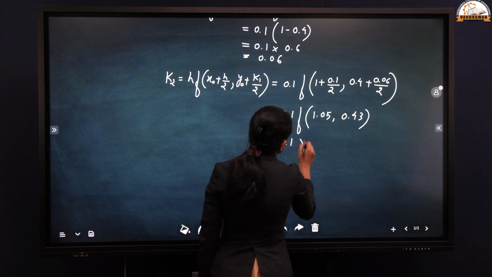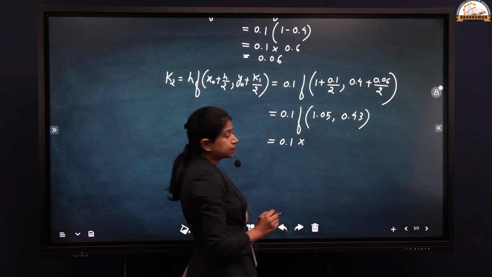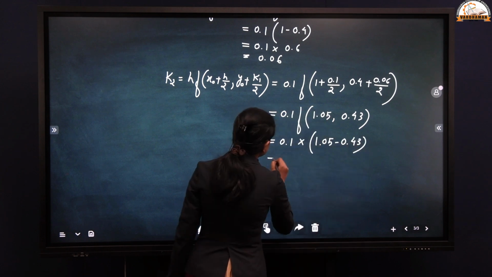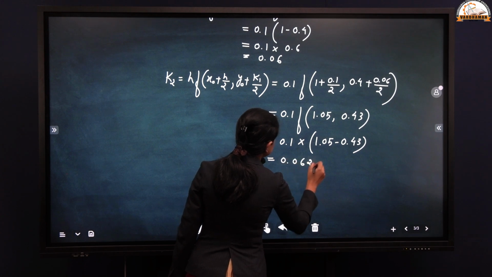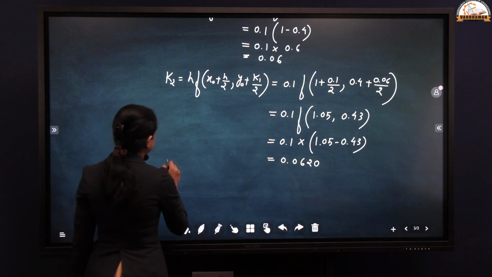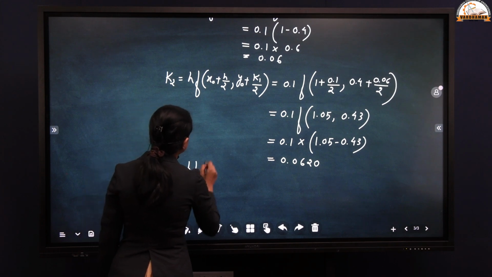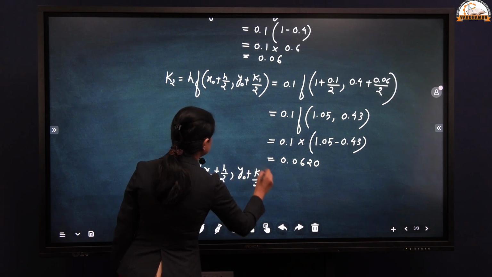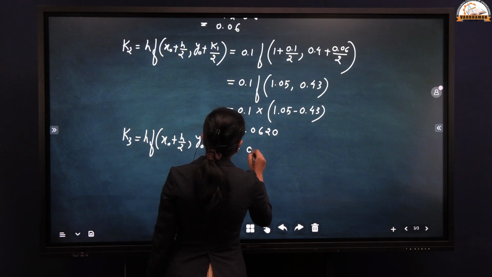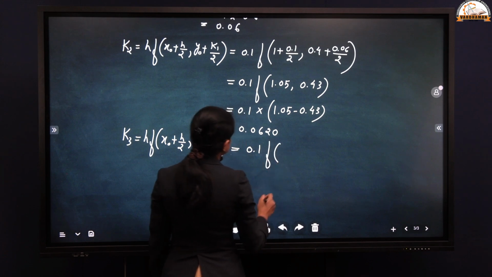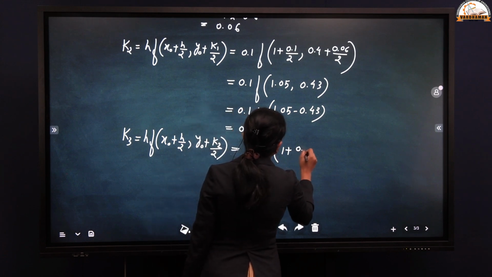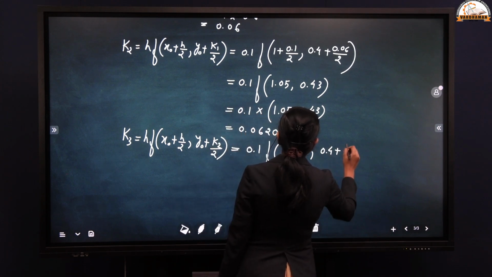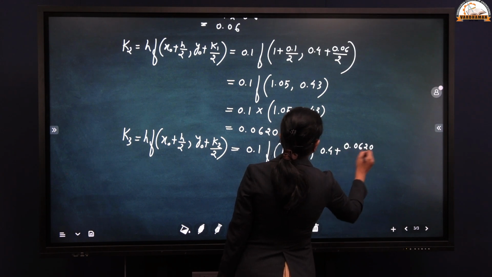which is equal to 0.1 into, this is f of xy means x minus y, 1.05 minus 0.43. So this will give you 0.0620. Now we will find k3. k3 is equal to h into f of x naught plus h by 2, y naught plus k2 by 2, which is equal to h is 0.1, f of x naught is 1 plus 0.1 by 2, y naught is 0.4 plus 0.0620 by 2.